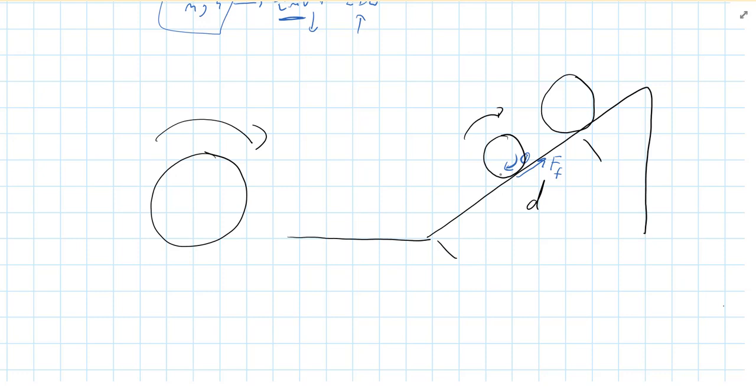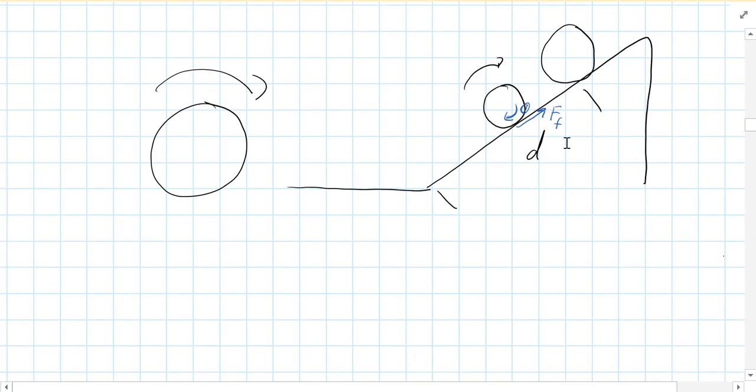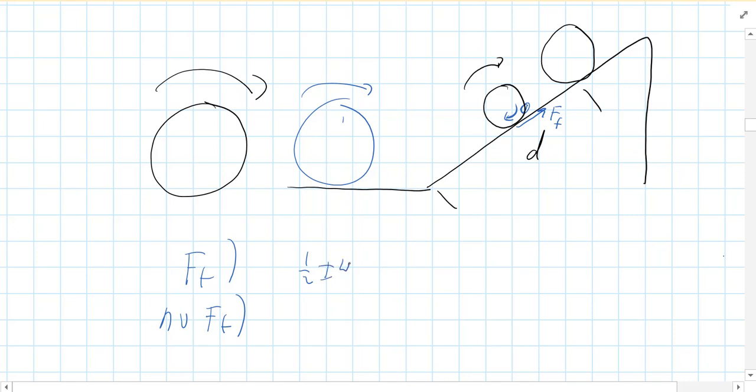Okay. Now, the other way I look at this is with energy. We'll do friction and then we'll do no friction. Okay. In both cases, when the disc is down here and it's rolling, it's got 1/2 I omega squared plus 1/2 mv squared.